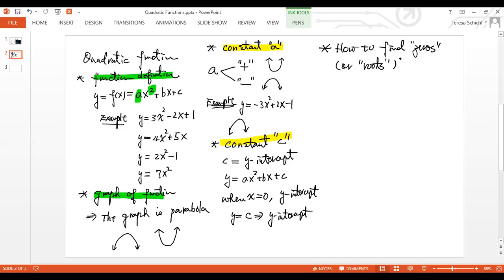You have two different ways you can find them. The first one, you can say, hey, I'm using factoring.